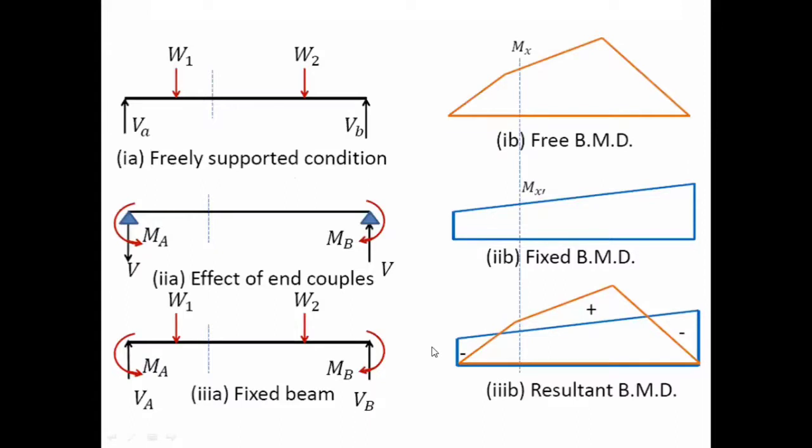So this is our summary for the fixed beam. If you want I can repeat this, but there is no need because it is a derivation and it will not be asked in the examination. What you should concentrate on are the two results we have obtained from this derivation.